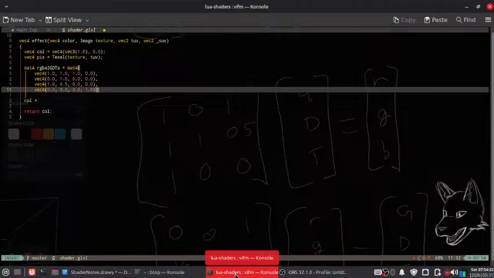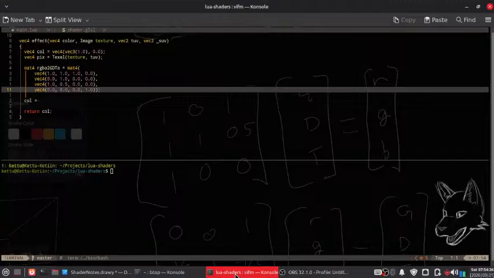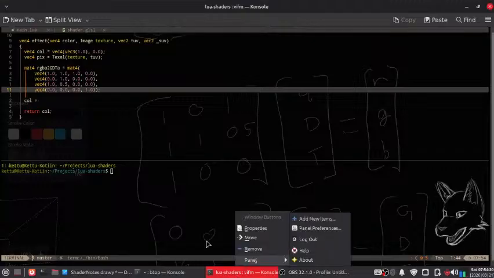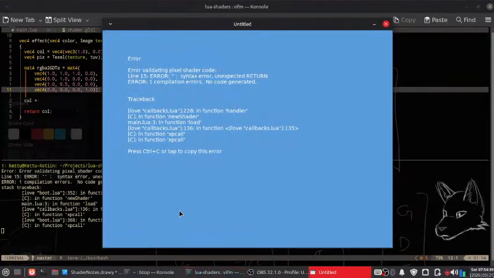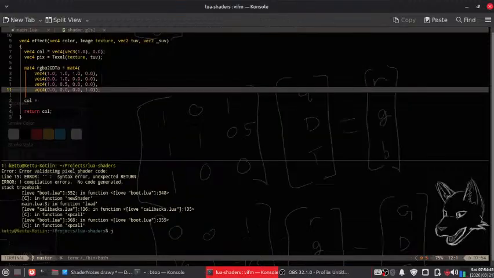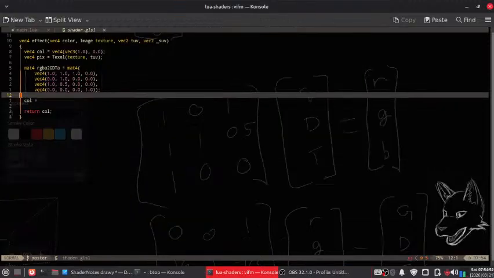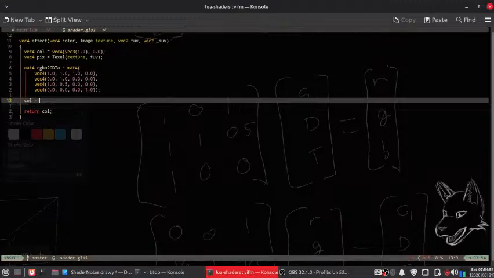Hold. Alright. So what we can do is, that's not what I want to do. Clear and dots. Nande. Syntax error. Yeah, okay. Col is equal to RGBA.